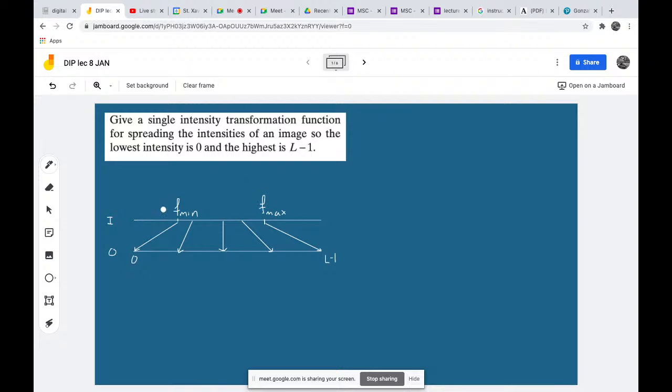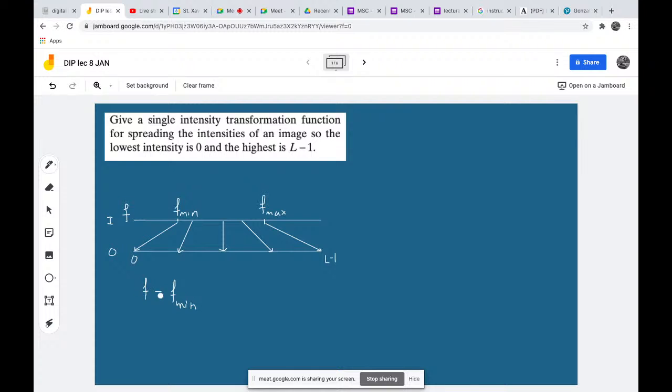So from all my input values, suppose f is any arbitrary input value. Remember f minimum and f maximum are two specific values, but f is any arbitrary pixel's input value. Then all I can do is subtract f minimum from all the pixel values of f.